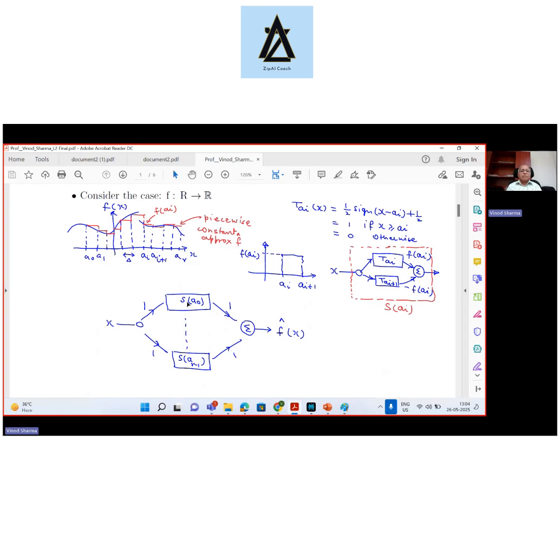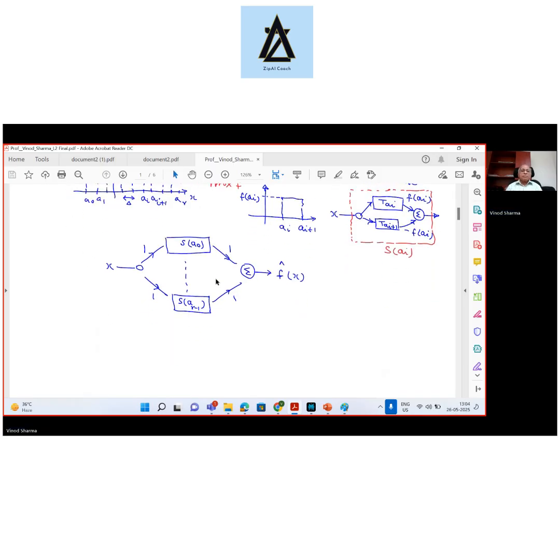These boxes f_a0 to f_a(r-1) are the boxes given here, and the summation of them gives f hat(x). As I mentioned earlier, by taking delta smaller and smaller, we can approximate f by f hat as closely as we wish, and any f hat given here is implemented by the neural network. So this way we have shown how any function f, maybe piecewise continuous, from R to R can be implemented via a neural network.